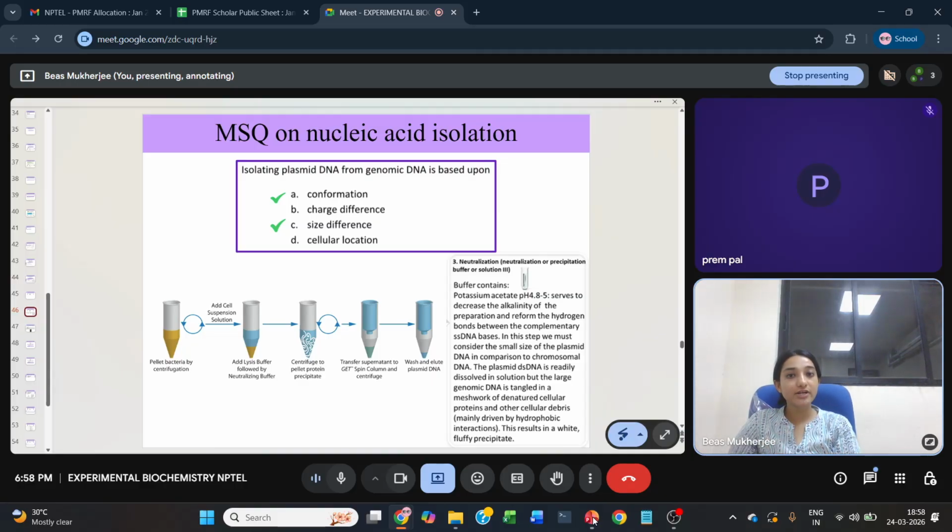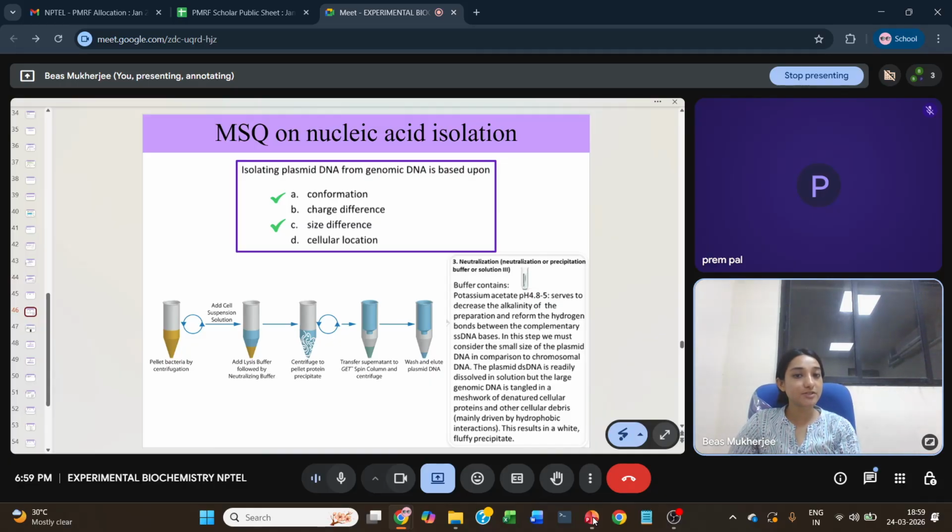The neutralization buffer contains potassium acetate of pH 4.8, which serves to decrease the alkalinity of the preparation and reform the hydrogen bonds between the complementary single-stranded DNA bases. In this step, we must consider the small size of the plasmid DNA in comparison to the chromosomal DNA.